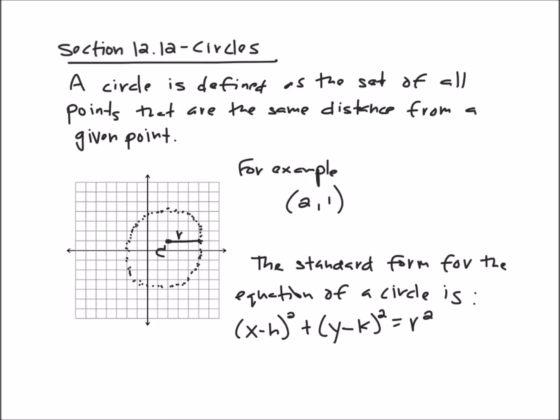And specifically, the center of the circle is at the point (h, k), and r is our radius.